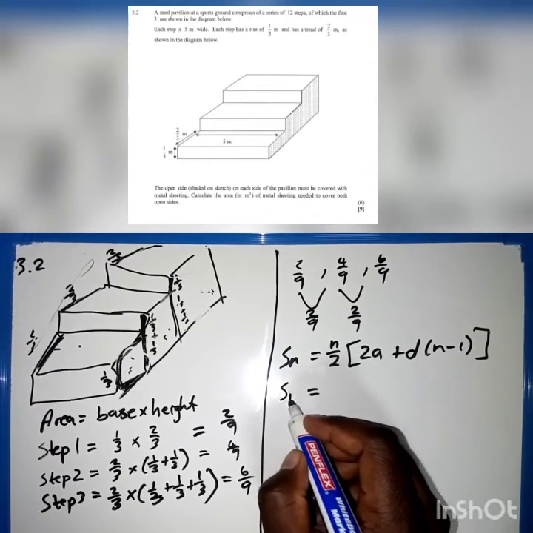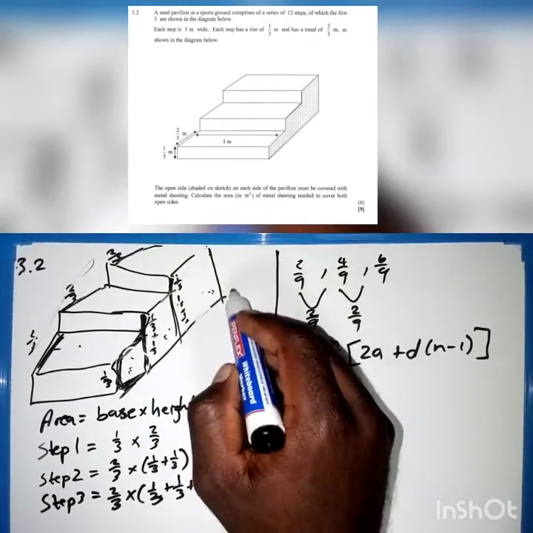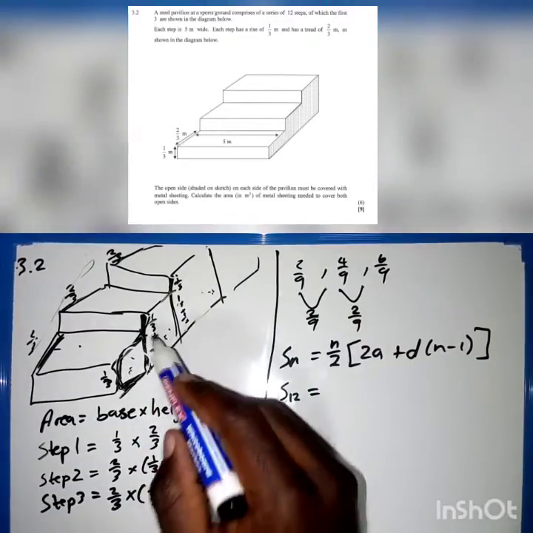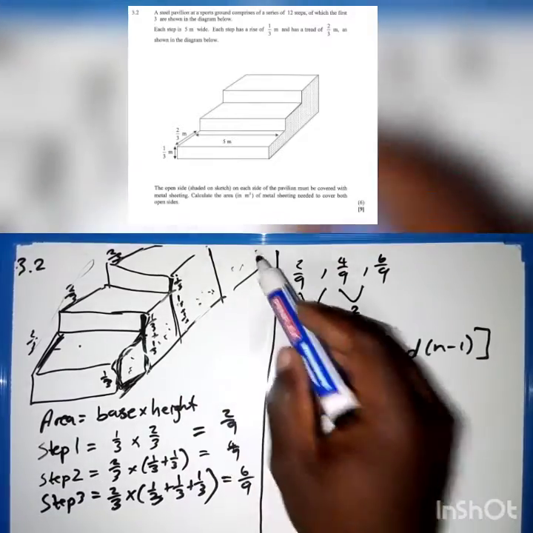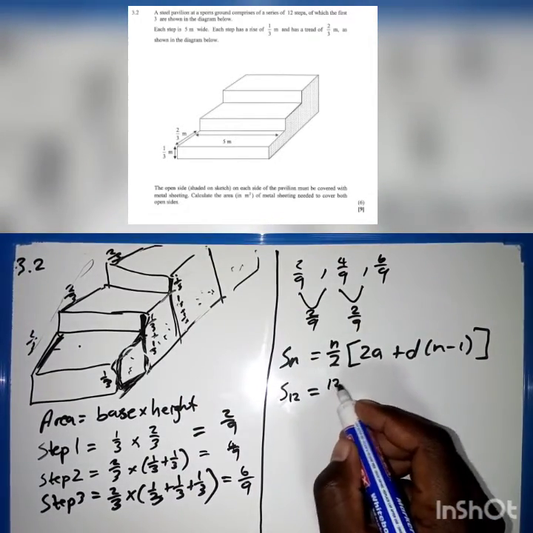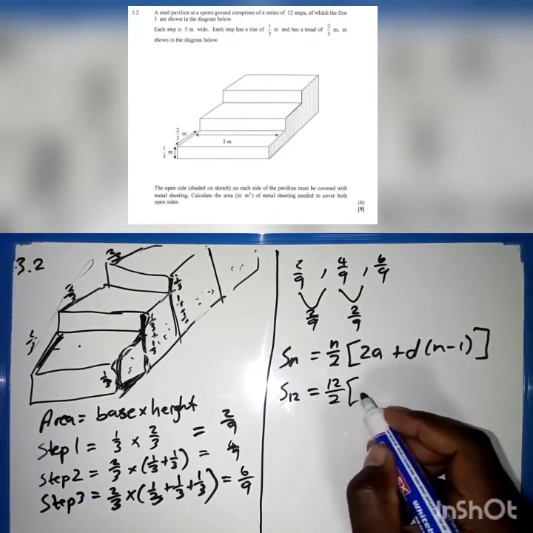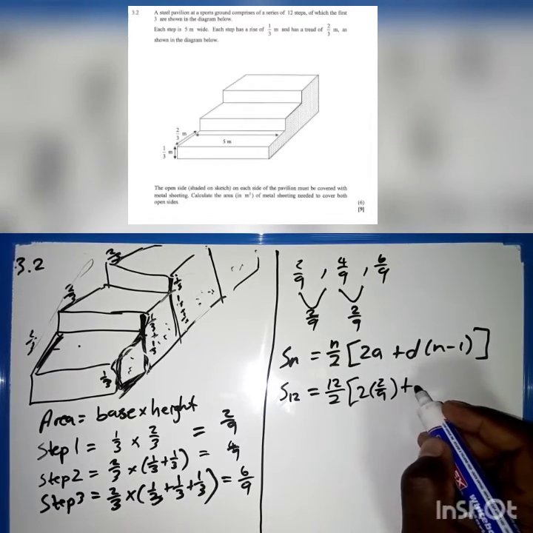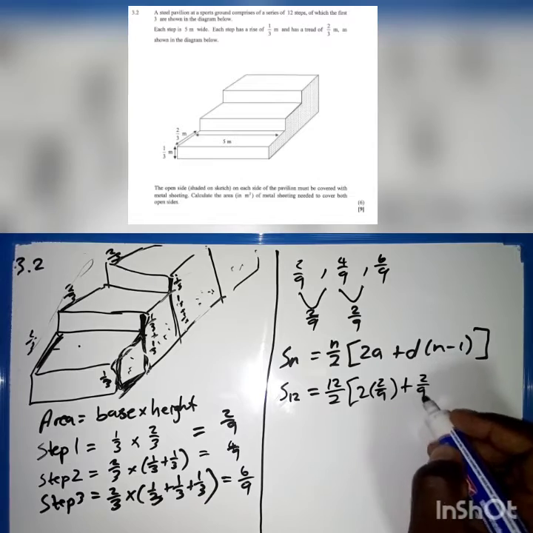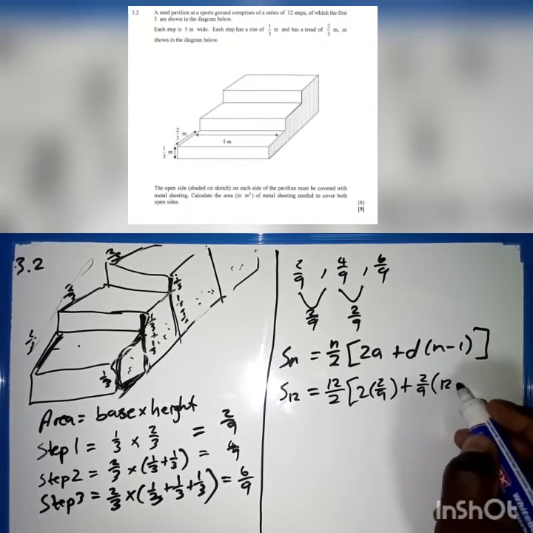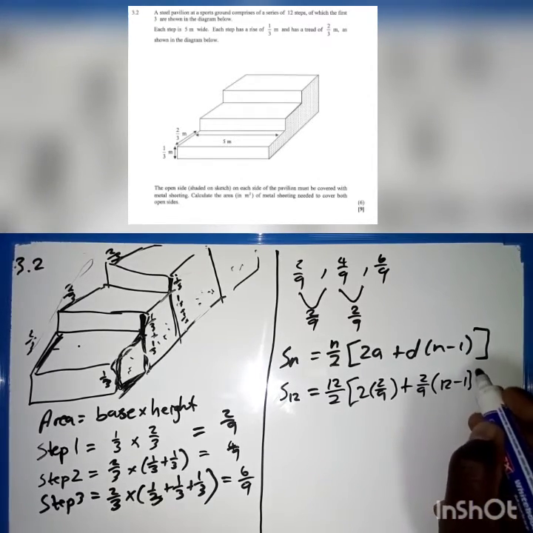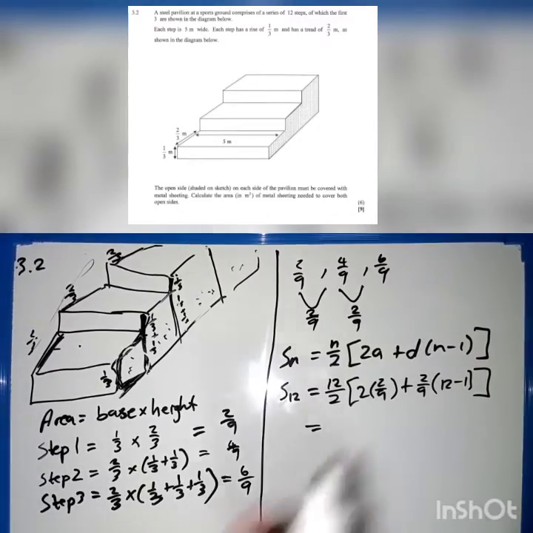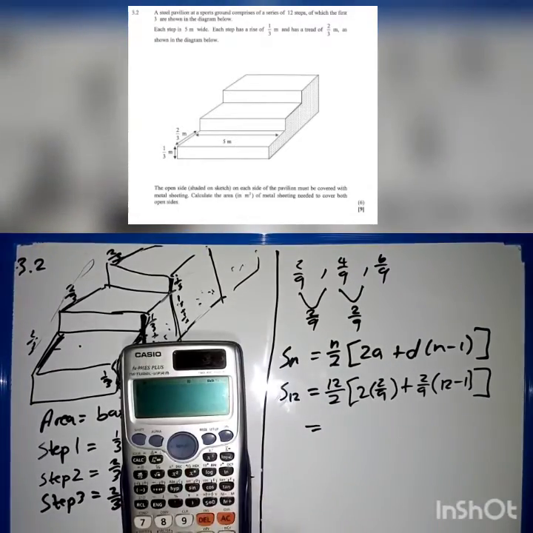So it will be S12. So we're looking for 12 steps. If this were to continue, how much sheeting will I need? So it will be 12/2 times (2 times 2/9, plus our d, which is 2/9, times 12 minus 1). And this gives us what?